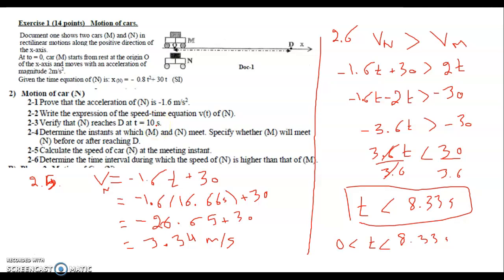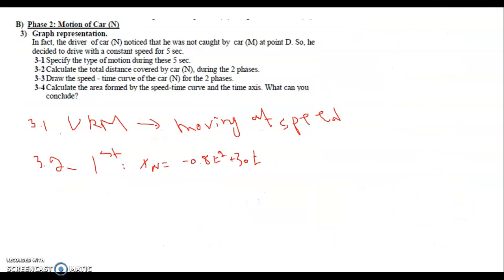This means that the duration of the first phase is 10 seconds, because the driver of car N started moving at constant speed after he reached point D.